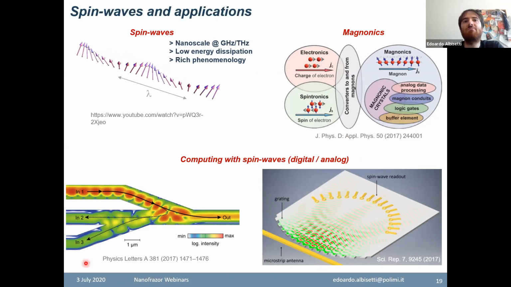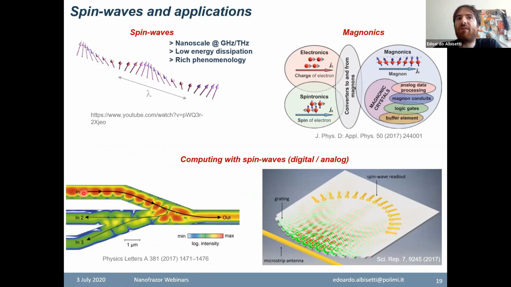And there are two main paradigms that you can use for making computation. You can either have a digital paradigm, in which you have, for example, a logic gate, with a binary input and binary output. Instead of using transistors cascaded one with each other, you have logic gates that work by using the interference of spin waves that propagate in confined conduits.